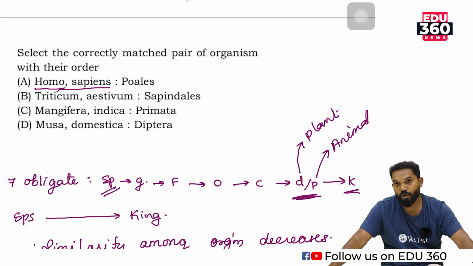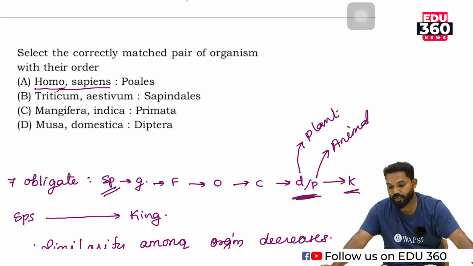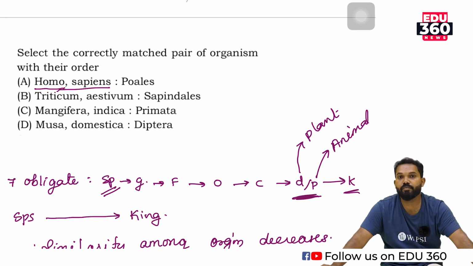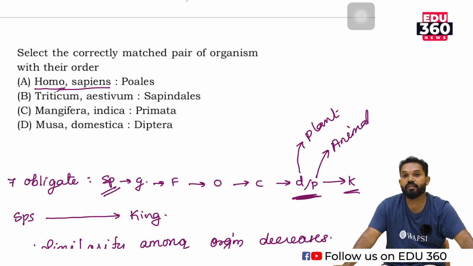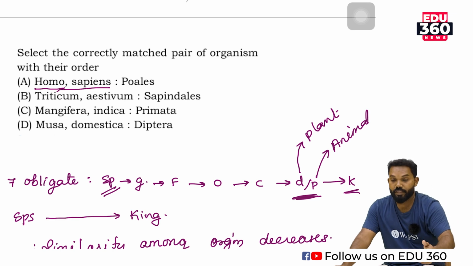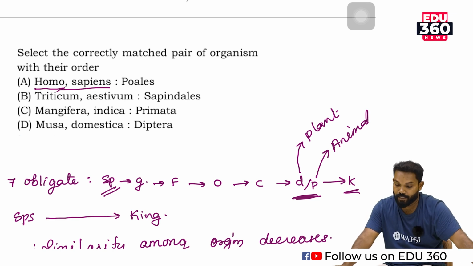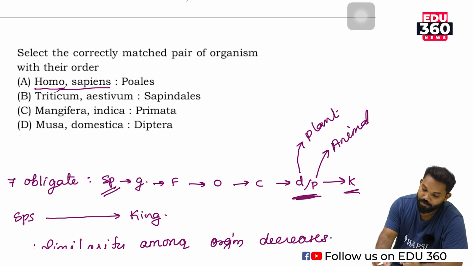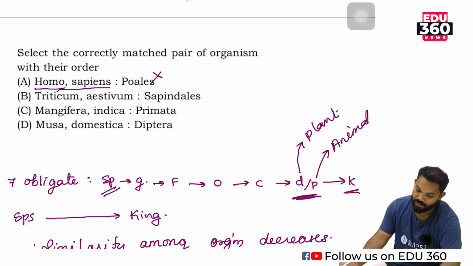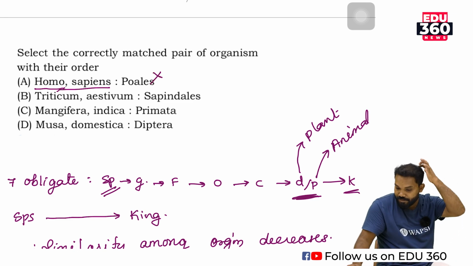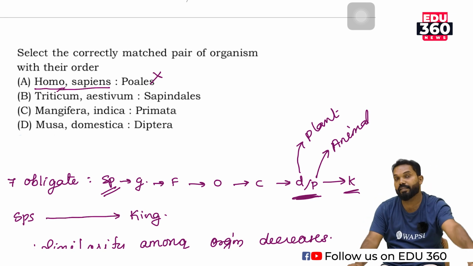The plants come under the Poaceae family, like Triticum aestivum, the wheat plant. So Homo sapiens with Poales is the wrong answer.